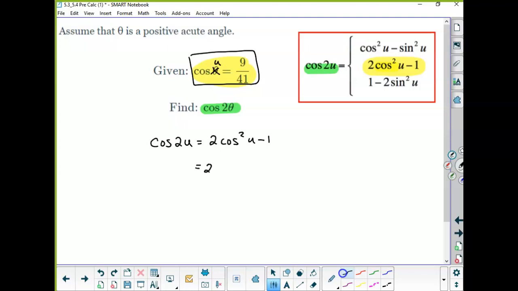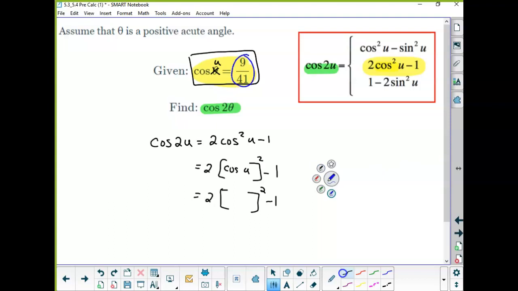So what does that mean? Well, the first thing is just remembering what that squared is. That squared value can come out. And then all we're going to do is replace exactly what cosine of u is equal to.